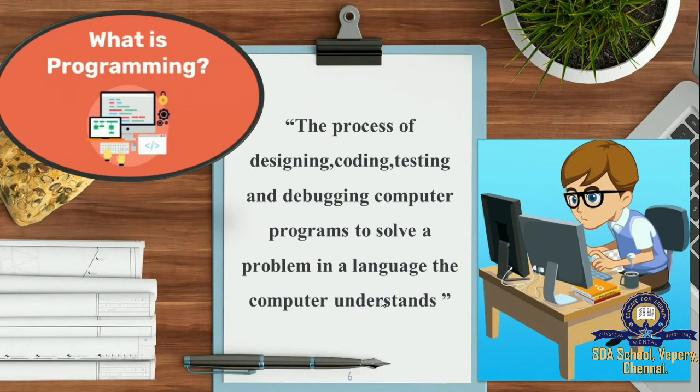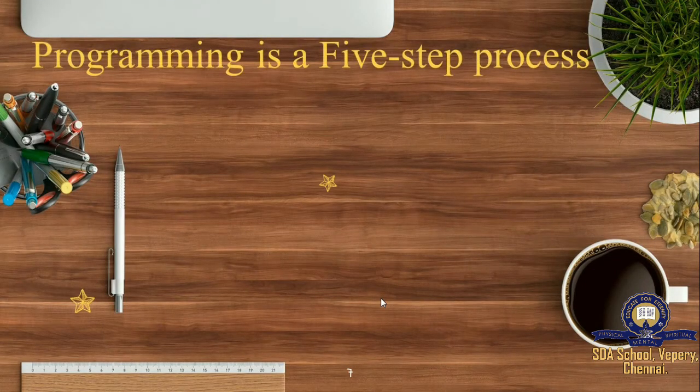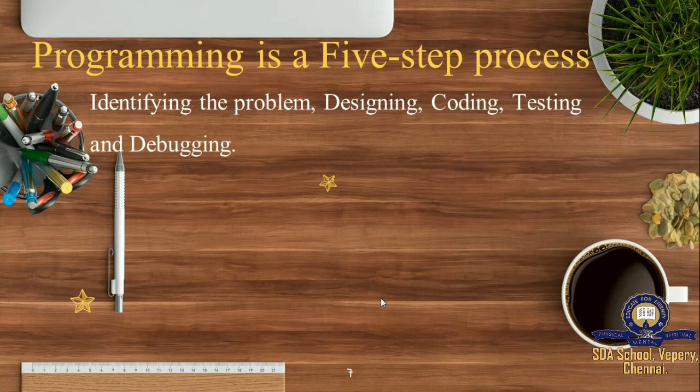So this is actually a 5-step process where you will do one by one. Once you plan to write a program, you must keep these 5 steps in your mind. First one, identifying the problem. Second, designing. Third, coding. Fourth, testing. And finally, debugging.